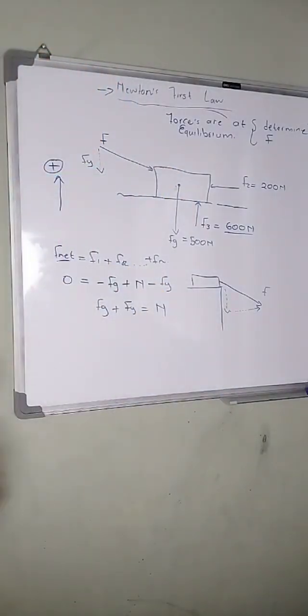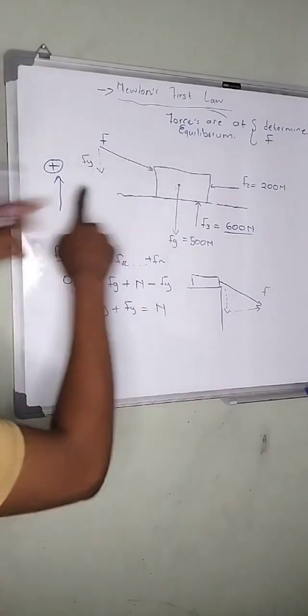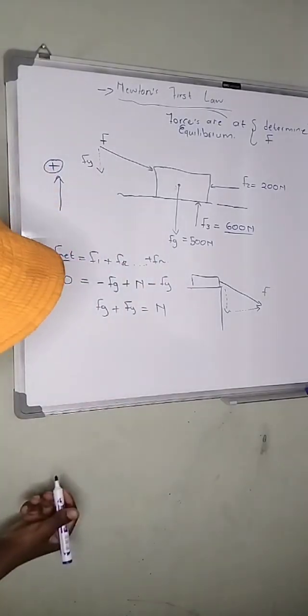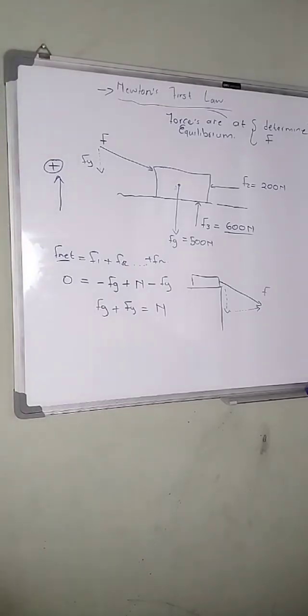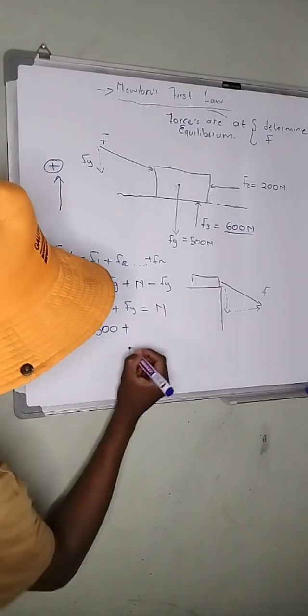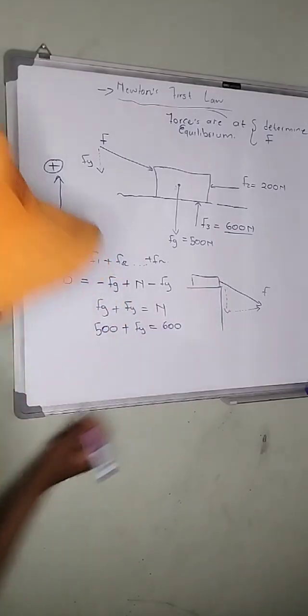So now I'm going to replace the values, because I want the value of Fy, so that I can get that F. I need Fy there. So what am I going to do? The value of Fg is going to be 500, plus Fy is going to be equal to 600.